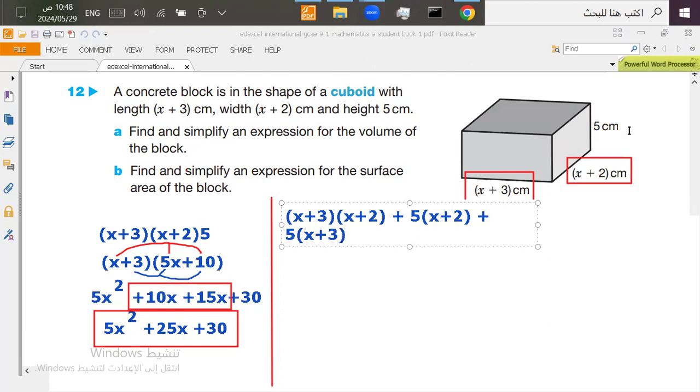This means we multiply this by this, plus this by this, plus this by this. And at the end, I'm going to multiply it all by 2.